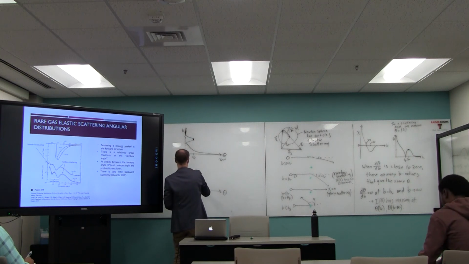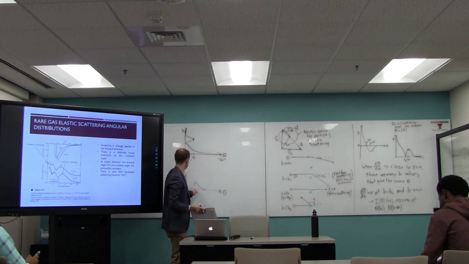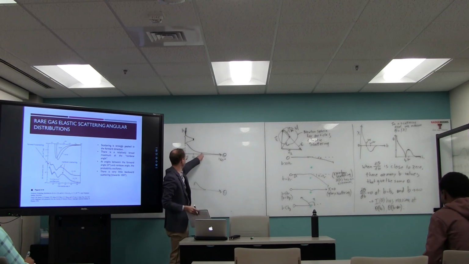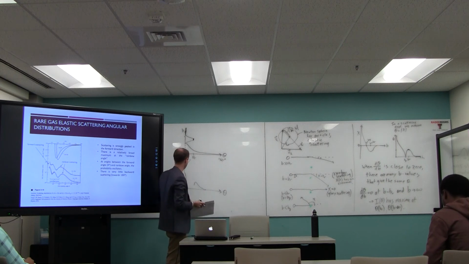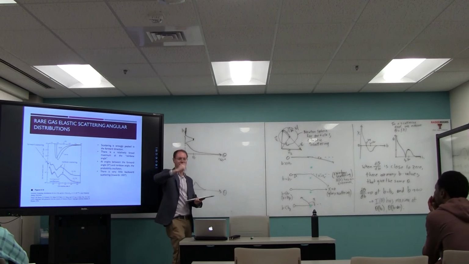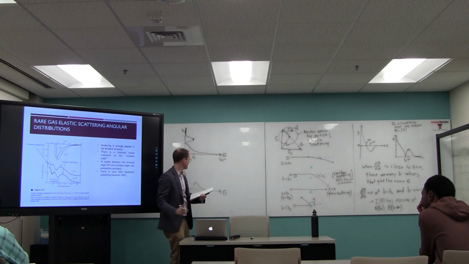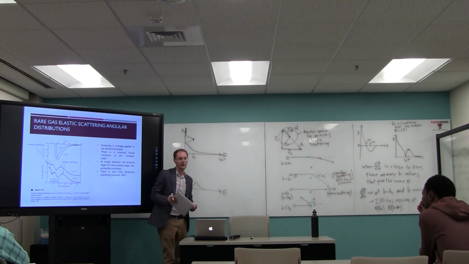So you're going to get a maximum somehow here. Between the rainbow angle and 180, the slope of this graph is shallow, meaning you don't have very much intensity. There's not a lot of trajectories over a range of impact factors that add up to give these angles out here. But what happens in between 0 and the rainbow angle?